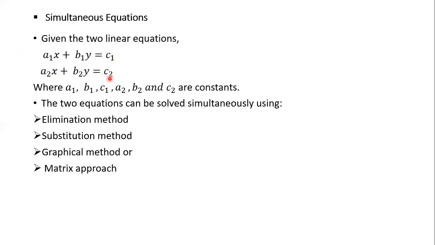They are real numbers. So you are having two variables which are x and y. If you are having two equations with two unknowns or variables, we can use a simultaneous approach to solve them. We can solve them simultaneously.